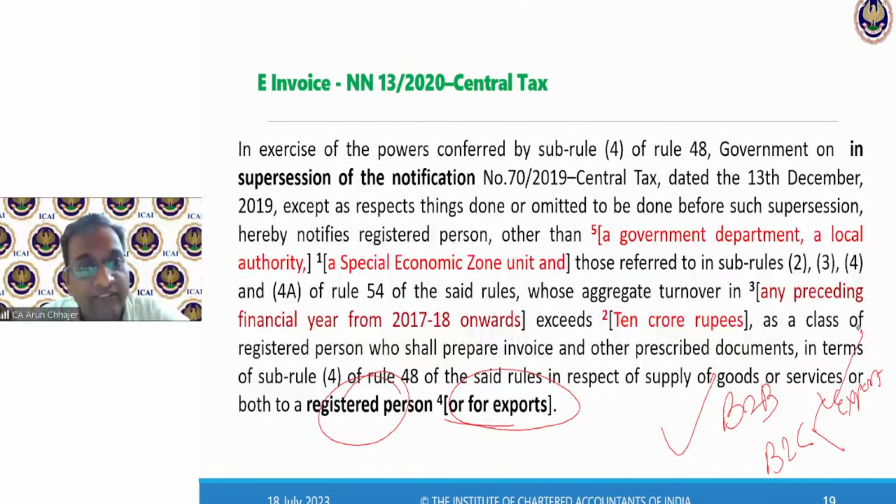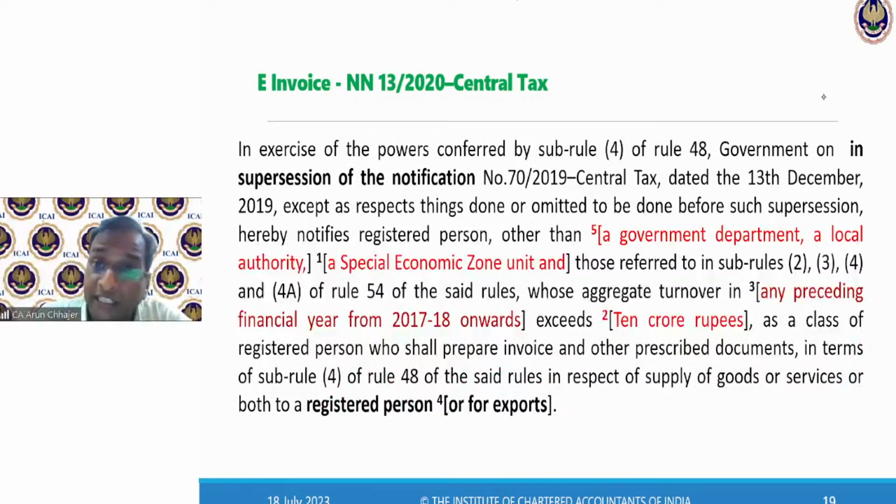The last point which I would like to tell you about e-invoicing: you will see the aggregate turnover of the last year, last 2 years, last 3 years. आप जो 10 करोड़ का अमाउंट देखेंगे, you will check the aggregate turnover of more than 10 crore in which financial year? Any.